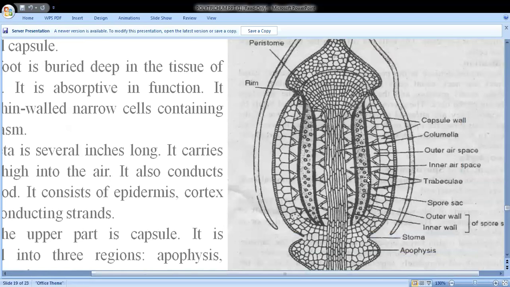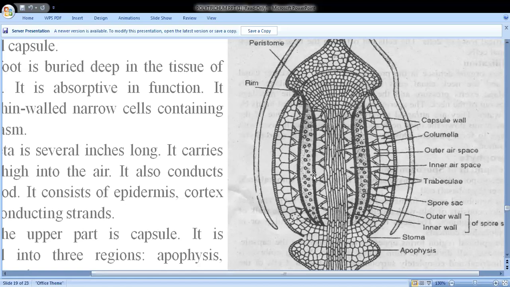Please observe the diagram clearly. The lacunae are present inner to the wall layers, and they are divided into small chambers by transverse filaments of chlorophyll-containing cells, called trabeculae. One end of the trabeculae is connected with the inner wall layer, and the other with the outer wall of the spore sac. That is the trabeculae.